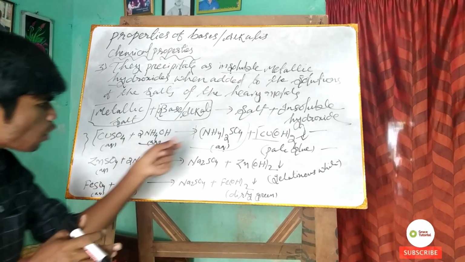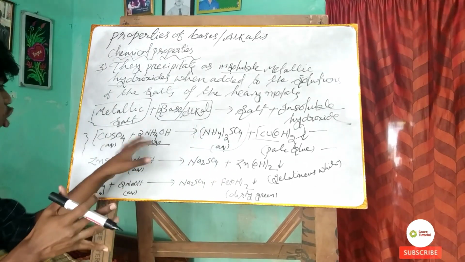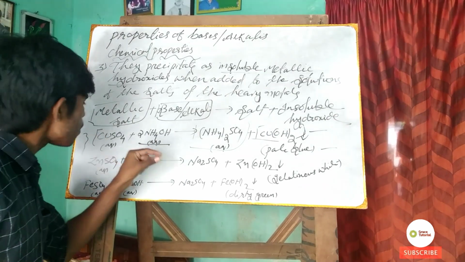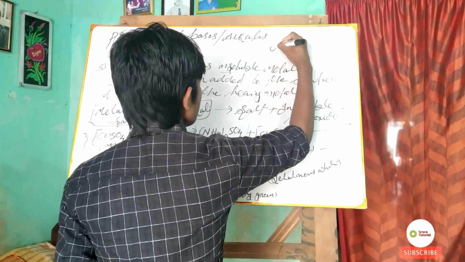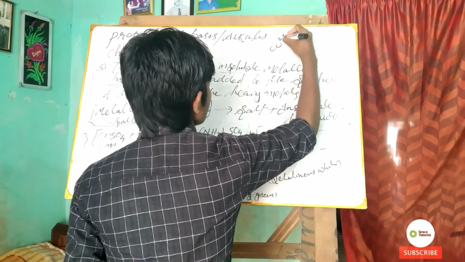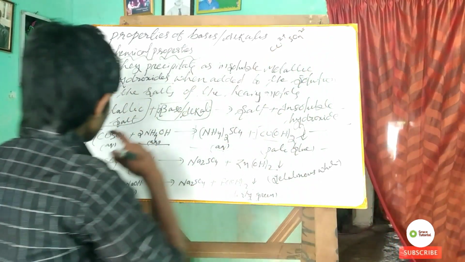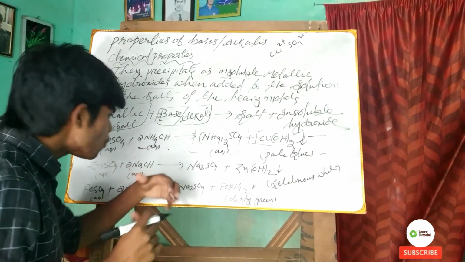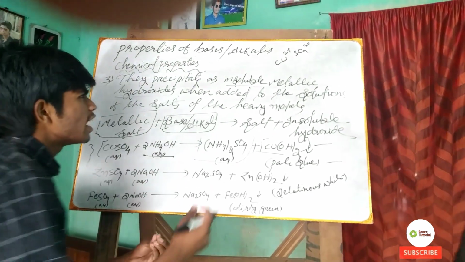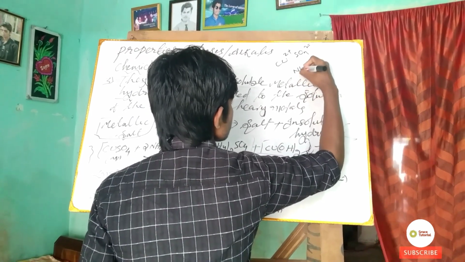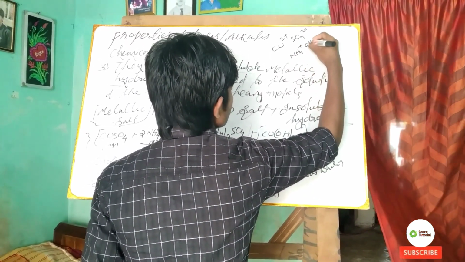Let us see how this product is obtained by the reaction of these two substances. We have copper sulfate. If you dissociate this copper sulfate, you will get Cu2+ and SO4 2-. Similarly, if you dissociate this ammonium hydroxide, that is NH4OH, you will get NH4+ and OH-.